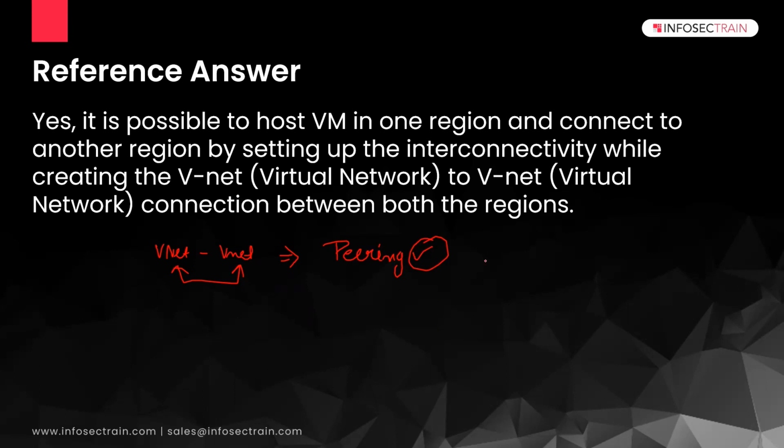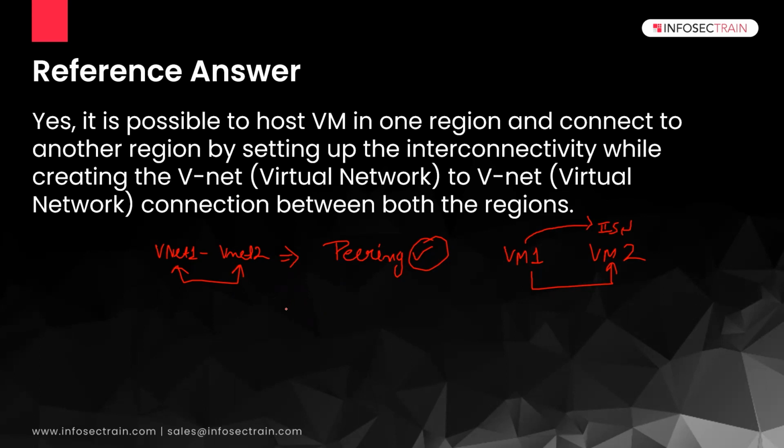Simply, if I have VM1 in VNet1 and VM2 in VNet2, and they want to communicate with each other, I enable peering. If VM2 is hosting an IIS server, VM1 can ping it or access it on the private IP address once you enable VNet peering. So one option is to go with VNet peering.